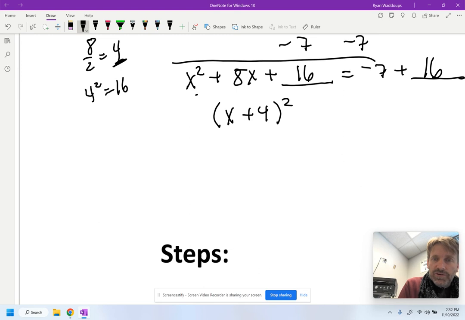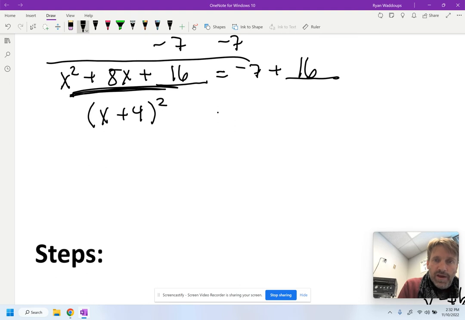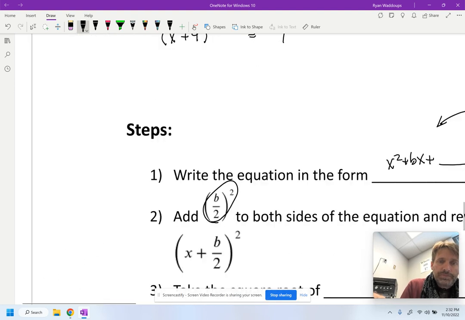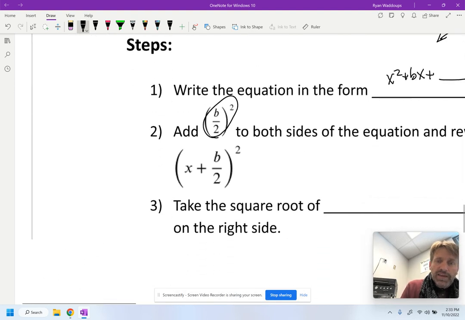That's the factored form of what we've got up above it. And on the right, we've got -7 plus 16, which is 9. Okay? And then take the square root.